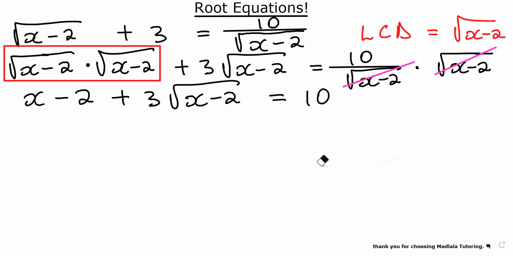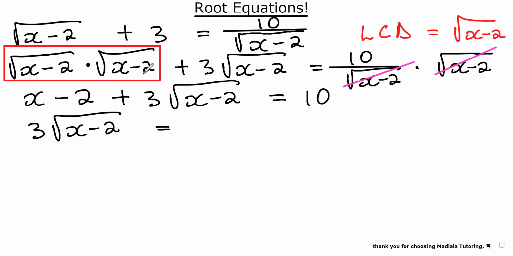All right? But now you still have the root. Do you see that? So then what is it you should do? You need to isolate the root by taking x minus 2 to the right-hand side. So then on the left-hand side, we have 3 times the square root of x minus 2.